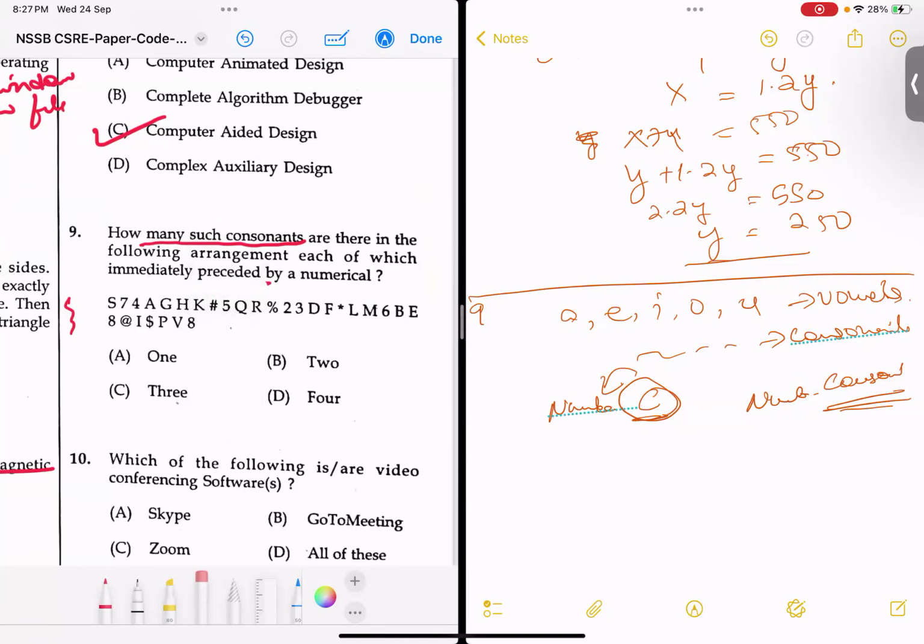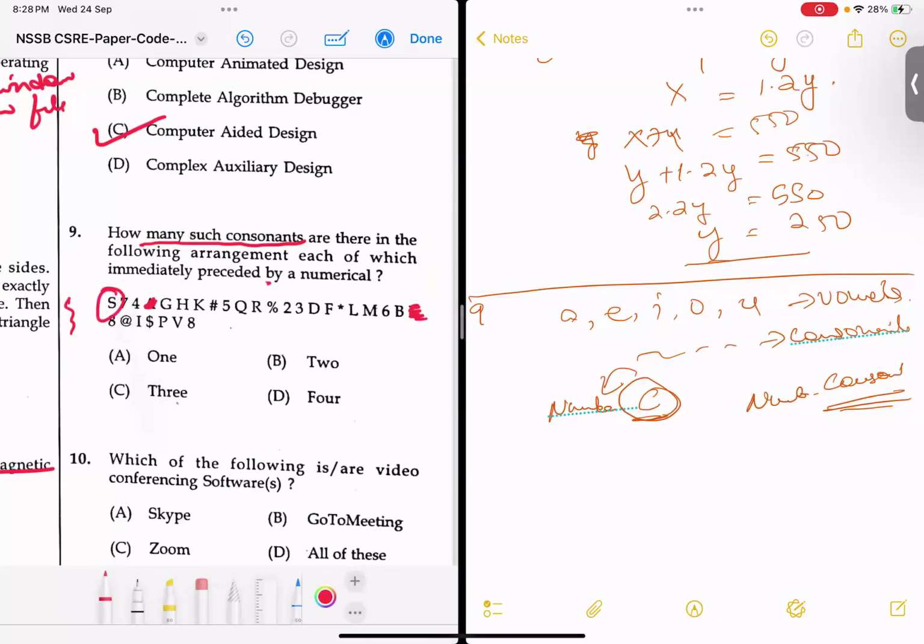Now, if you look at it, A is out because it is a vowel. E is out. These are the vowels. Now, let's see.